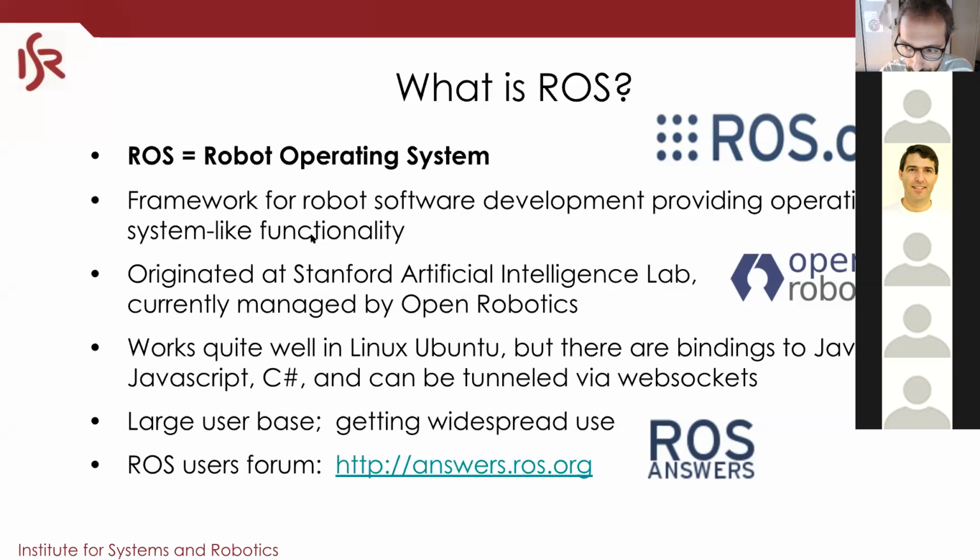So Python and C++ are the main being used. Although there are bindings that allow you to use ROS from Java, JavaScript, C#, and you can even use it via WebSockets tunnels. So you can have a web application that interacts with ROS using WebSockets, and you can have a web page, a browser that directly interacts with the ROS system, which is really cool.